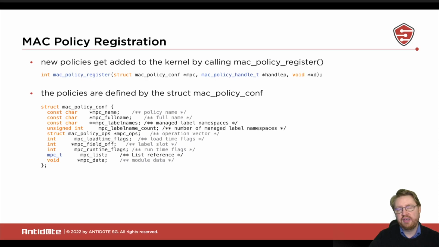So the thing is that a policy module can register labels. These labels get attached to objects so that the policy module can store additional information in there. For example, the sandbox policy module will store the sandbox pointer in the credentials label pointer for a process, and that's where basically the sandbox comes from then.